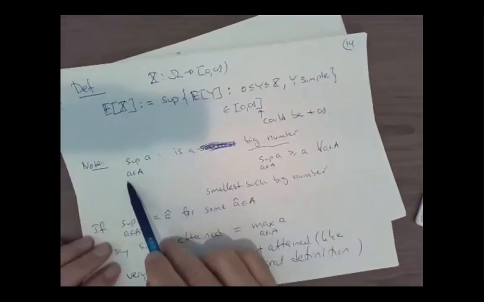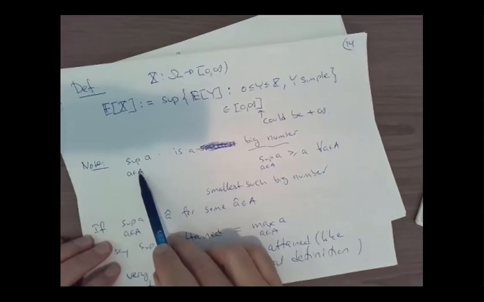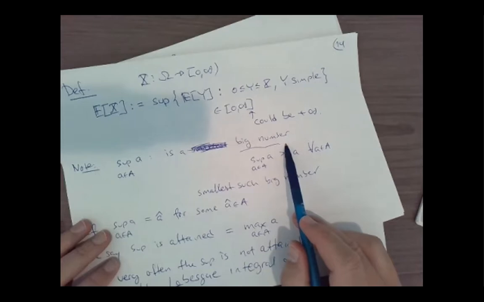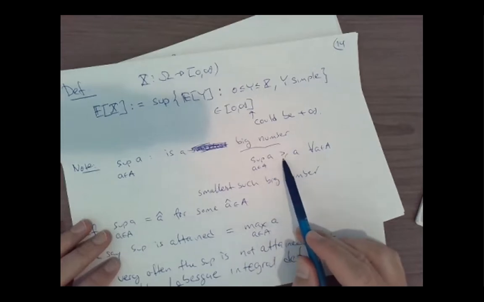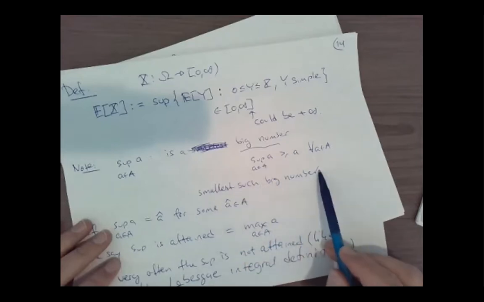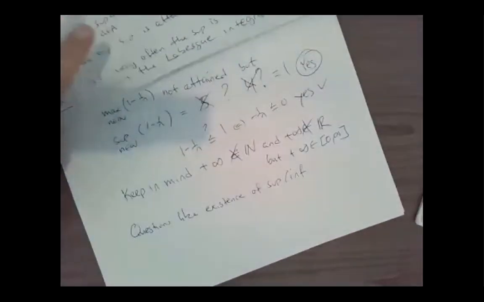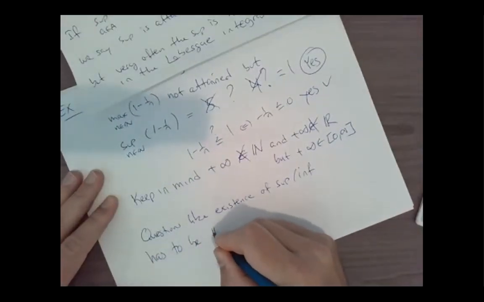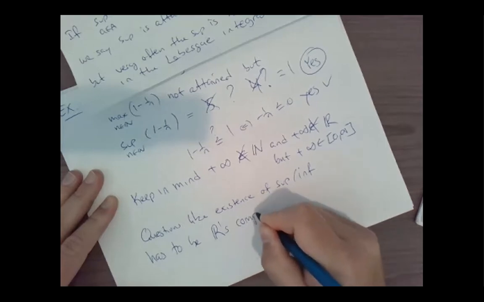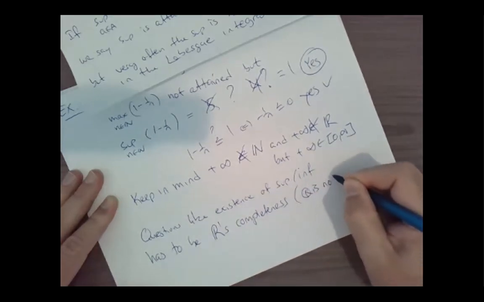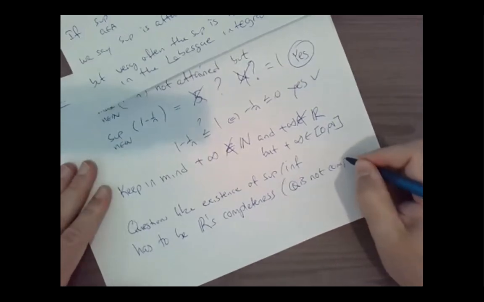If I take the infimum over a set A, it would be a small number, smaller than any element of A, and it's the biggest such small number. That's the infimum. And this has to do with R's completeness. Q, the rationals, is not complete.